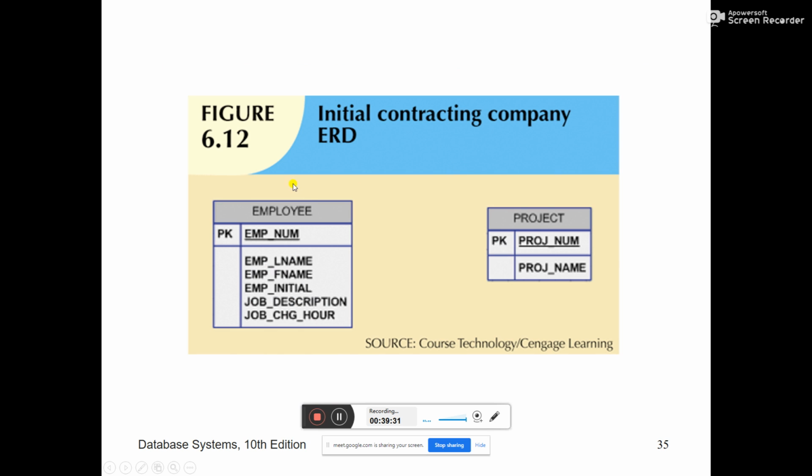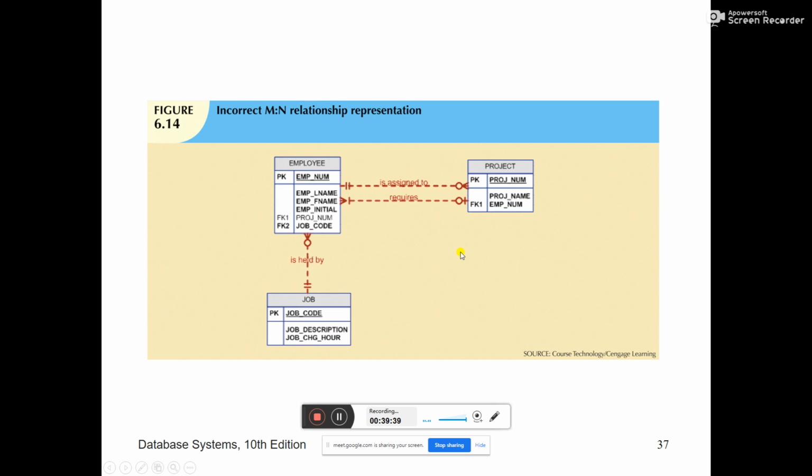Here we have an example: the initial contracting company ERD, with the employee and project tables. From this they create this ER diagram.